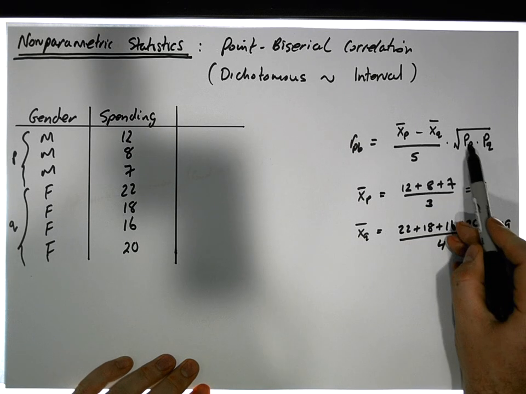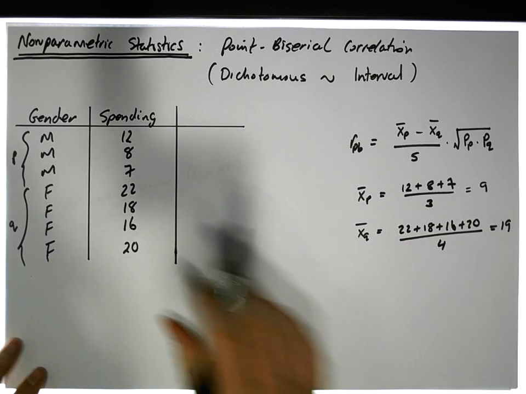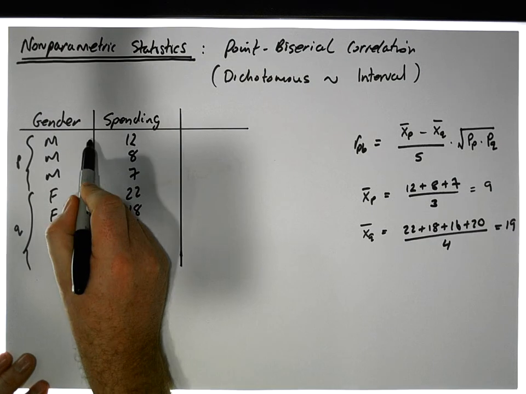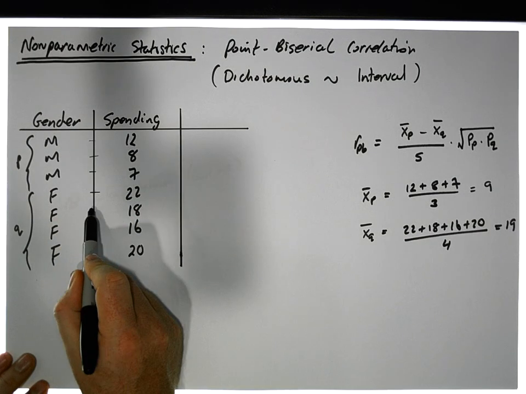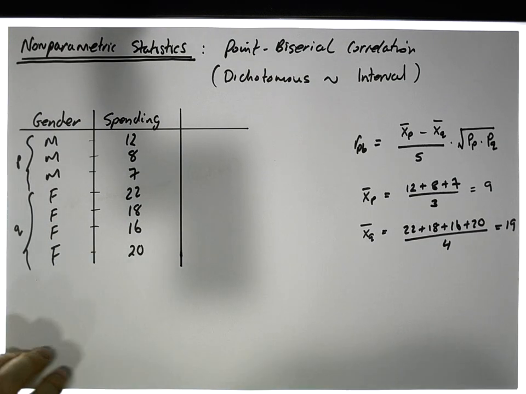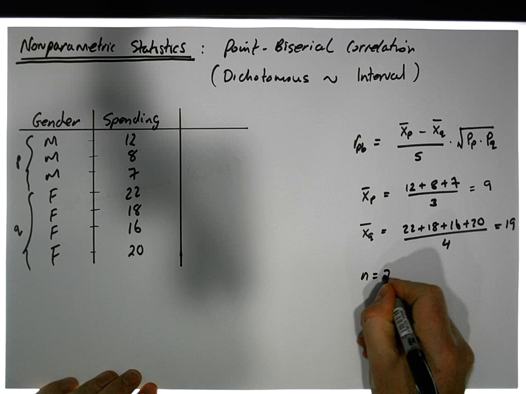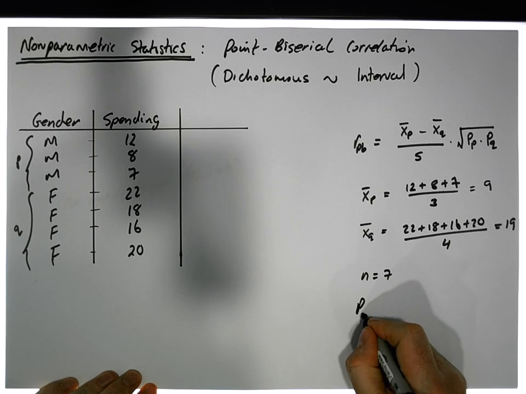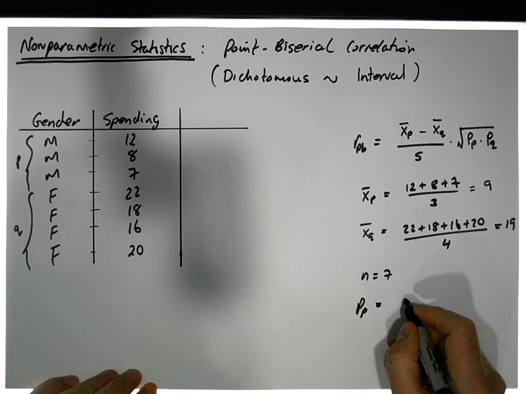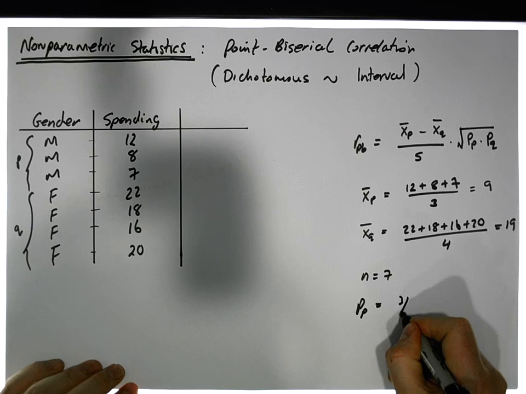What about the proportion of P? In total there are 7 observations, so n is equal to 7. The proportion associated with the first group P is 3 over 7.